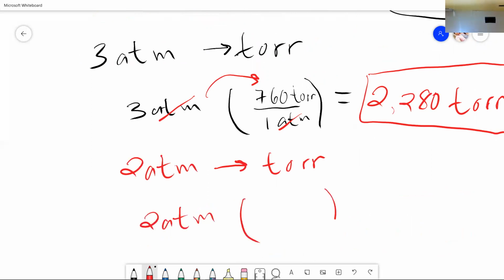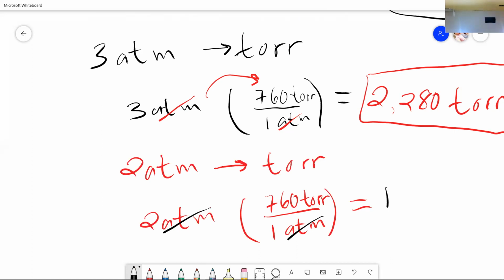In one ATM, how many torr do we have? There are 760 torr. Next, cancellation of the units. Cancel ATM, and we have 2 times 760, and we have 1,520. The unit is torr.